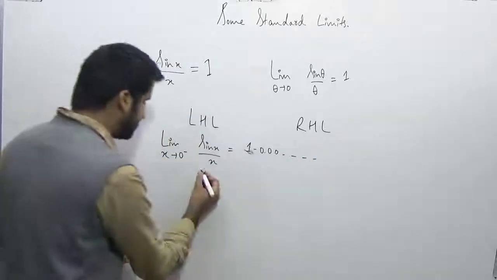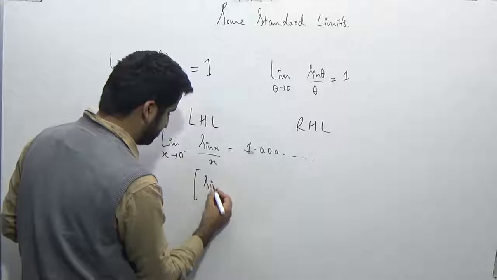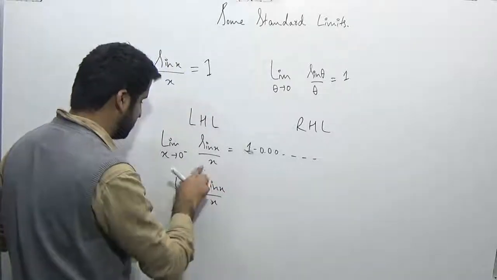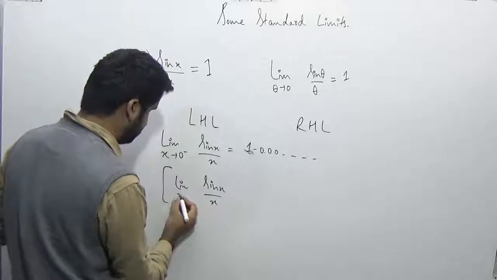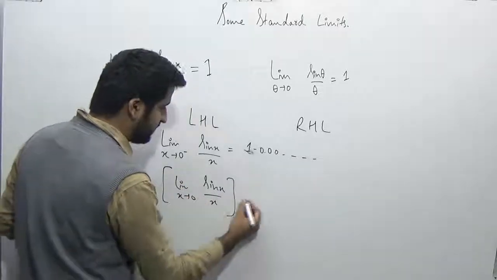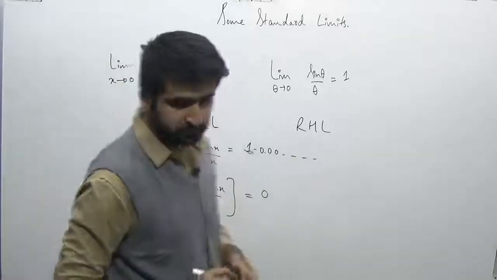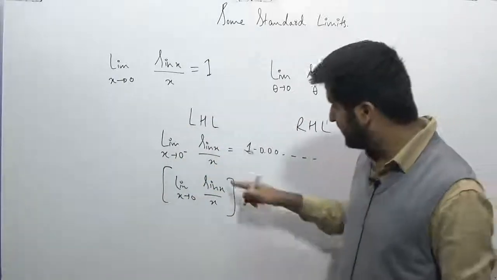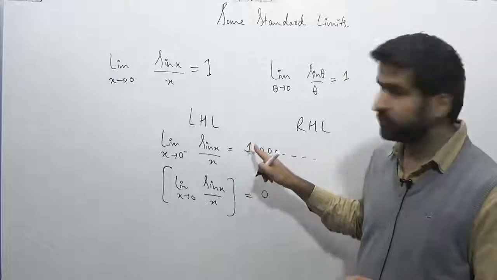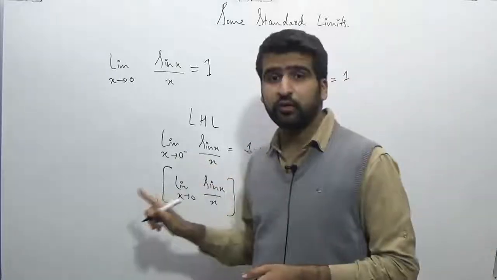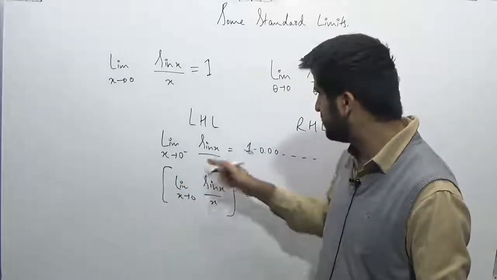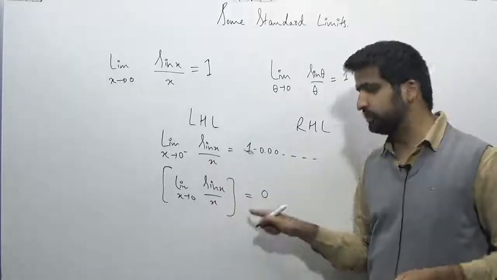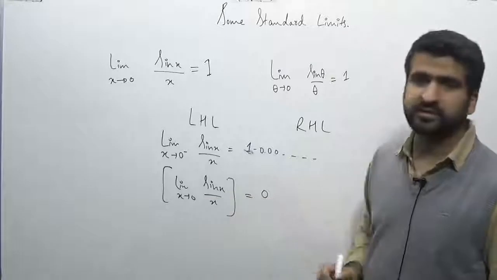So when I take the greatest integer function of sine x upon x, this will come out to be 0. That's the thing which we need to note right now, that this limit is of course equal to 1, but this value is a little less than 1. So when we take the greatest integer function of this limit, this comes out to be 0.